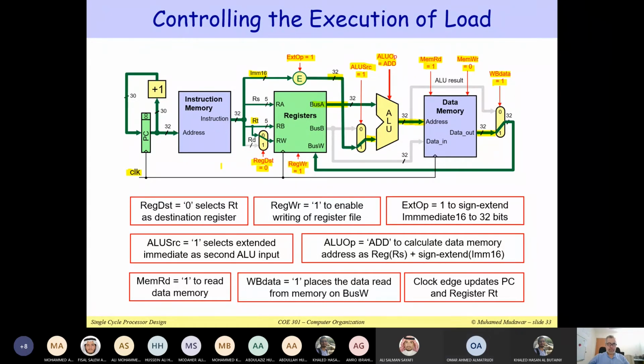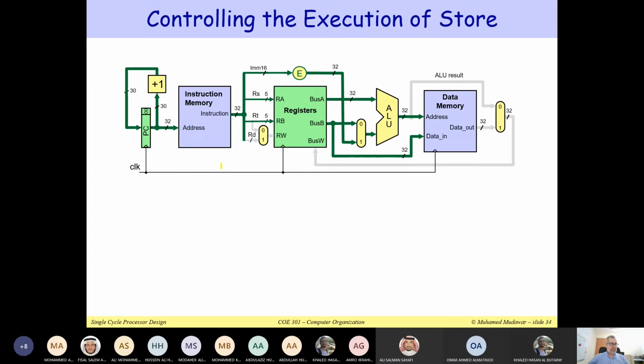This is for load. In the case of store, we're going to write to the data memory. So let us take a look at how we control the execution of a store instruction. So first we have to fetch the instruction from the instruction memory. So the instruction will be available here at the output. Of course, we have to examine the opcode because the opcode tells us if it is a load instruction or a store instruction or anything else.